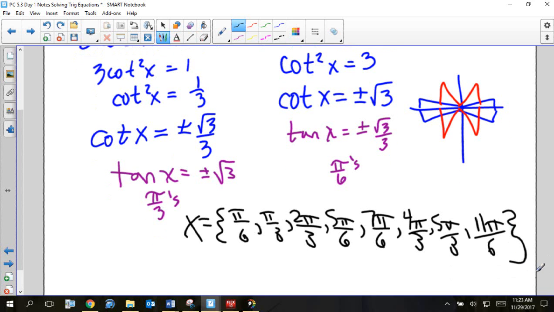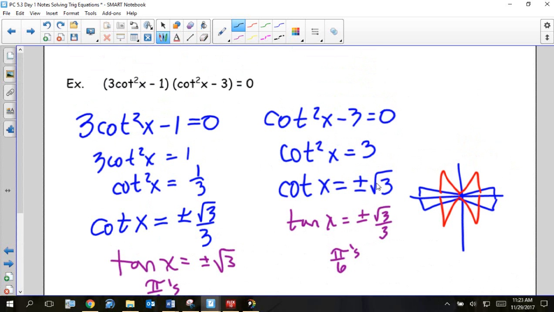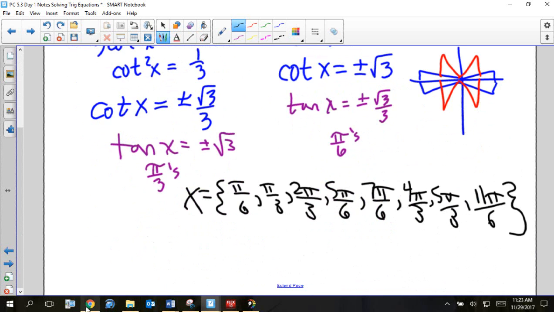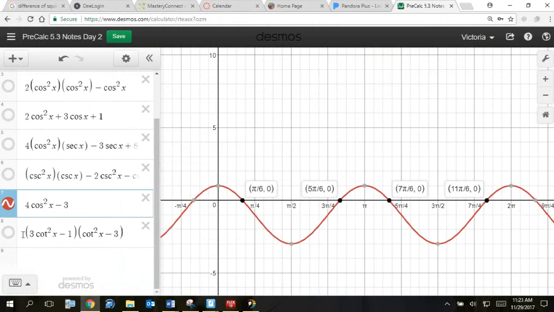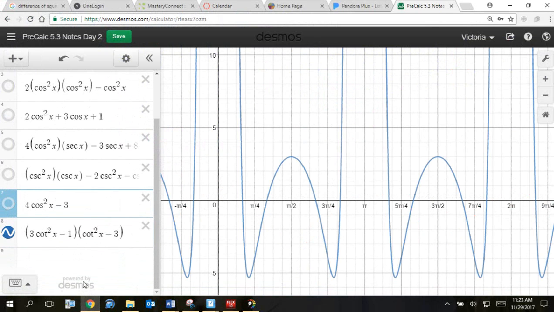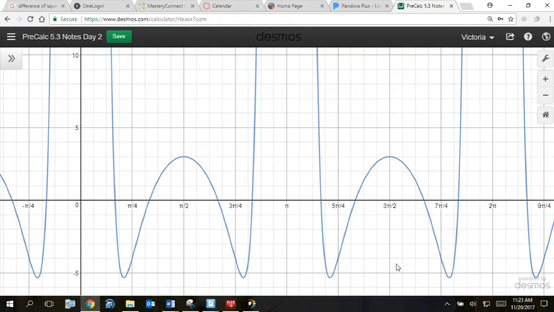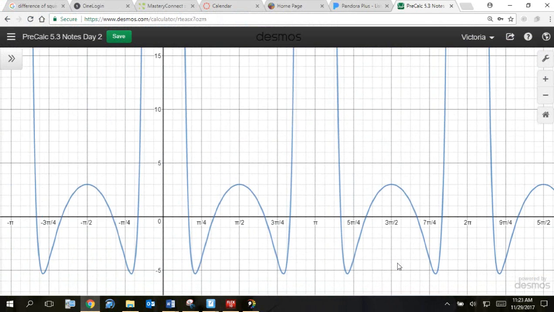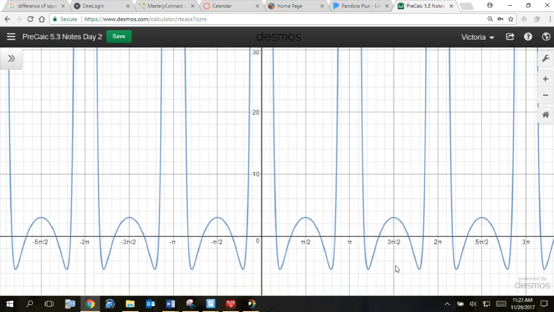Questions on that one? I have a picture. I have it graphed on Desmos. Want to see it graphed on Desmos? Want to see what this looks like? That's what it looks like. Bet you wish you knew all this stuff when we were doing roller coasters, huh?